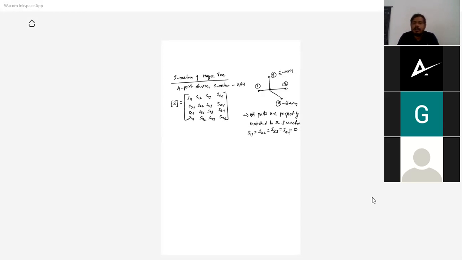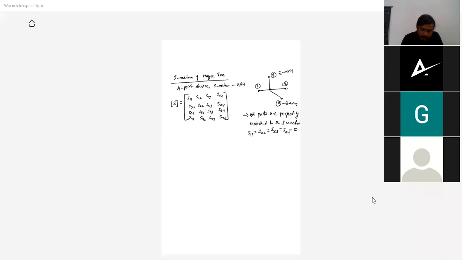In magic T, all ports are perfectly coupled to the junction. Already I told that port 3 and port 4 are isolated ports. If all are perfectly coupled, then 1 and 2 are also isolated ports.